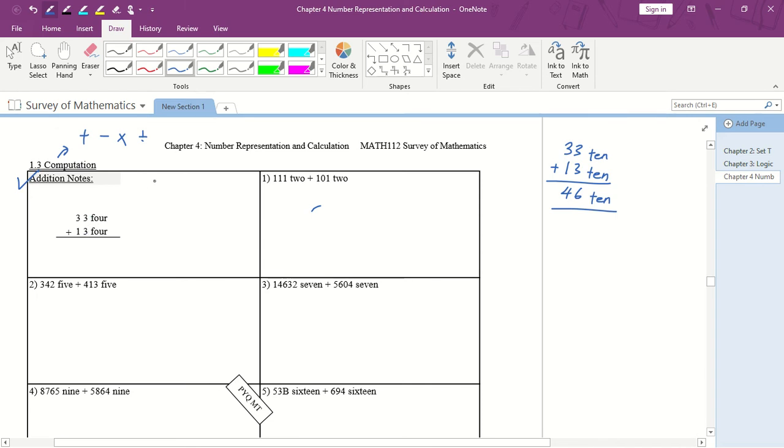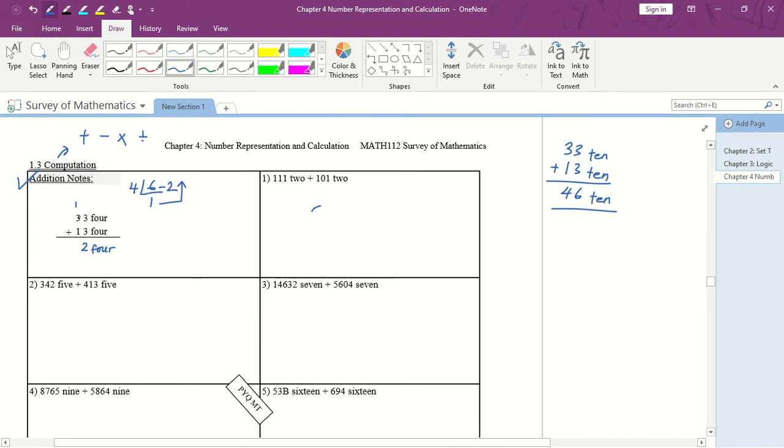So we need to convert 6 to base 4, and the way of converting is like what we learned in the previous video. We divide by 4 because this is base 4. So 6 divided by 4 is 1 remainder 2, and the answer is 1, 2. So we write 1 here and 2 here. Of course, this is base 4.